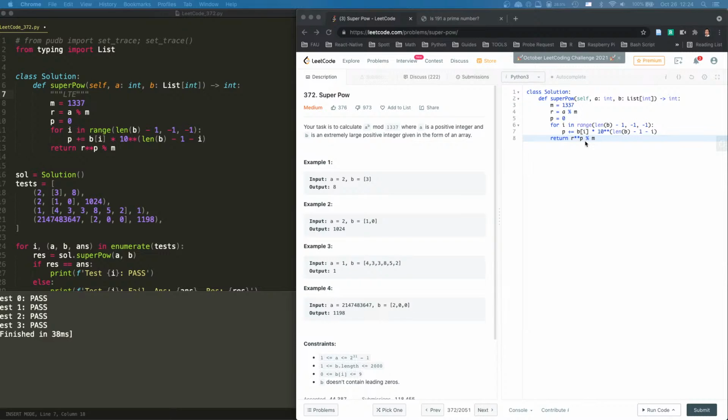So reduce it to R to the P power. But R to the P power is still too big, right? So R times R times R times R, and then we need to divide it by M, and we want to know what the remainder is.